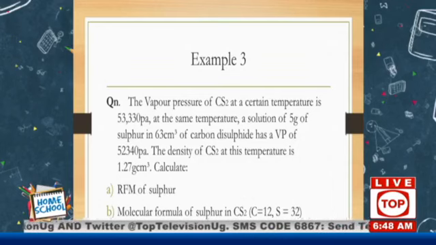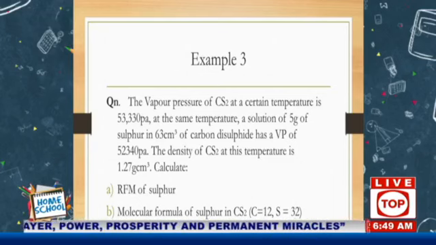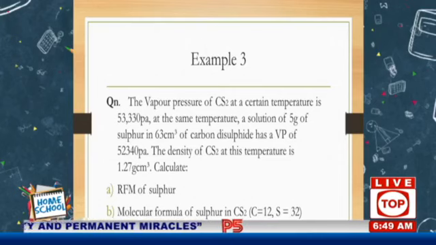The density of the carbon disulfide at this temperature is 1.27 gram per centimeter cubed. Calculate the relative formula mass of sulfur, the molecular formula of sulfur in that one.